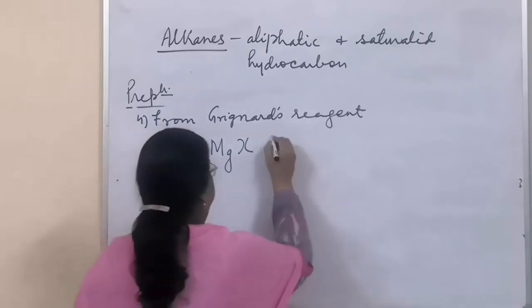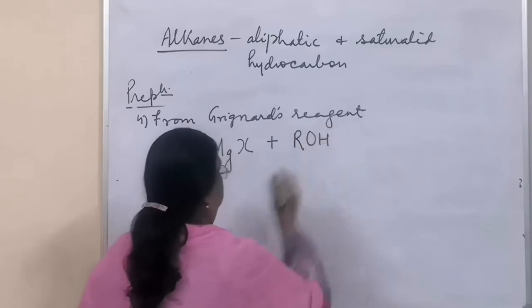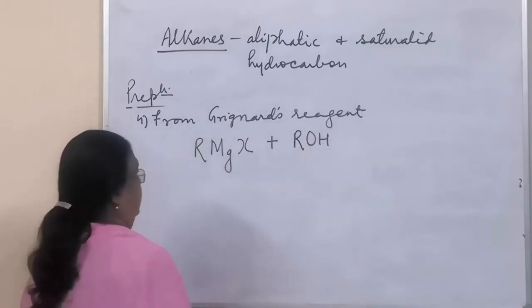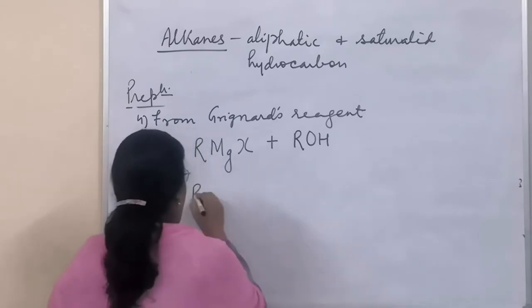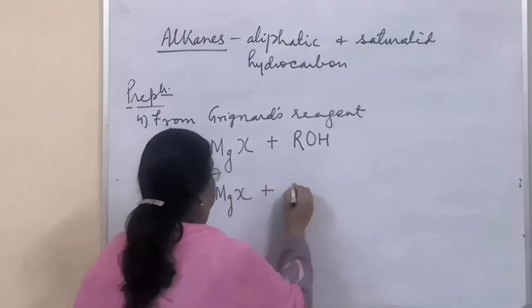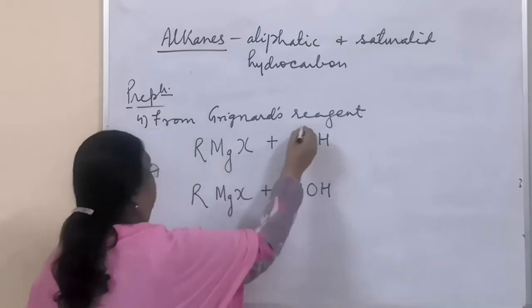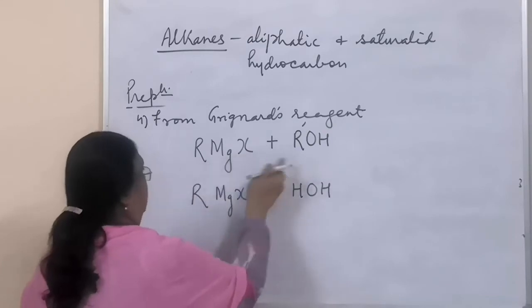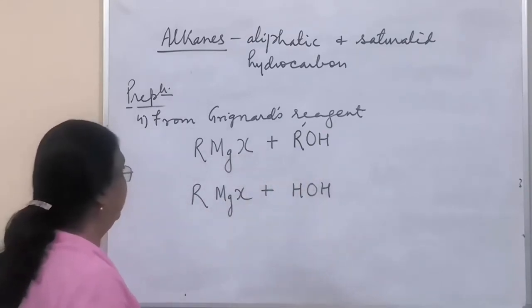And when this is treated with any compound which has active hydrogen, so with alcohol or with water. So with water, when it reacts, if I differentiate this R with this R, so that you can know which R of which group is going where.